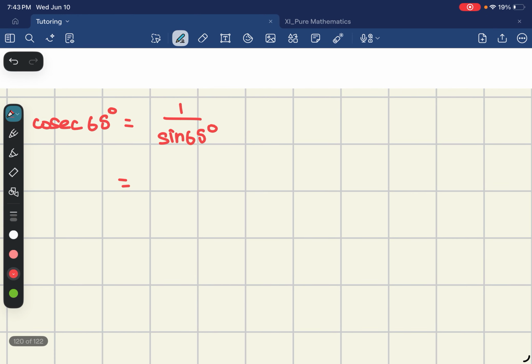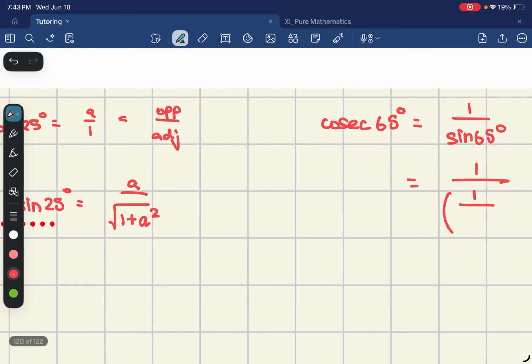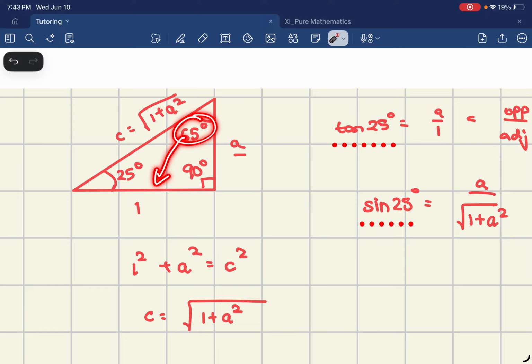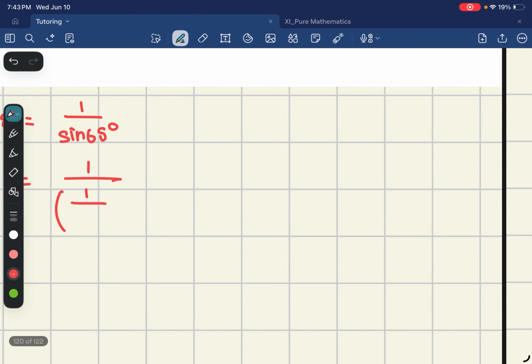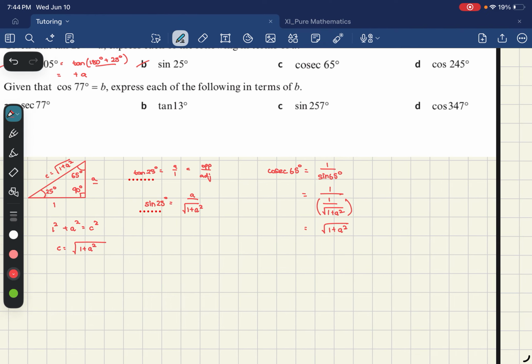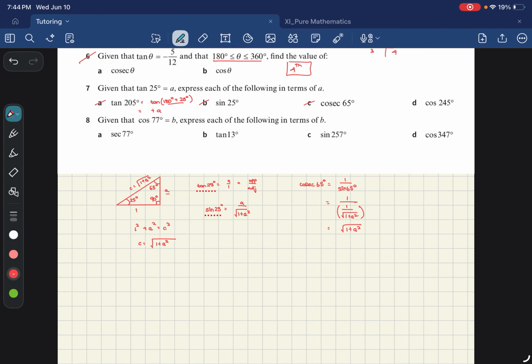Whenever we say sine theta and I say opposite, I mean opposite to theta. In this case, theta is 65. What is opposite to 65? It's 1, over hypotenuse, which is the square root of 1 plus A squared. If you simplify, you get 1 plus A squared. And because the angle is acute, all expressions are going to be positive here.